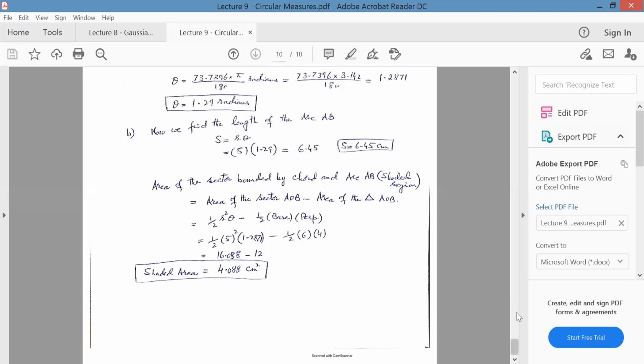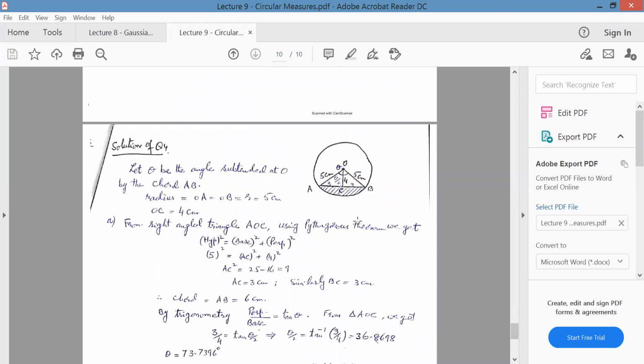ये देखिए, ऐसे ना, ये हमें 3 नहीं ना पता था, 4 पता था, 5 पता था. If 2 of the sides are known of a right angle triangle, how can you find the third side? Third side can be found by applying the Pythagoras theorem.